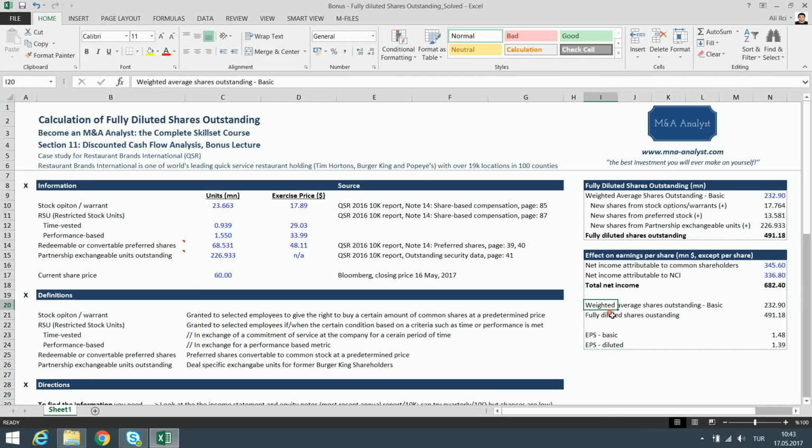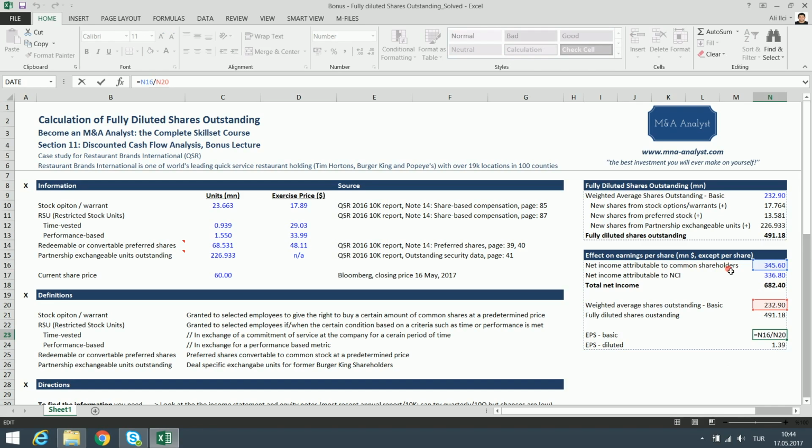For the weighted average shares outstanding, we have the data, which is linked to here, and we have the fully diluted number of shares. Then we calculate the earnings per share for basic shares. We use, as you can see in this formula, the net income attributable to common shareholders.